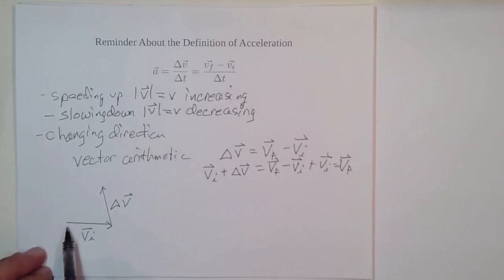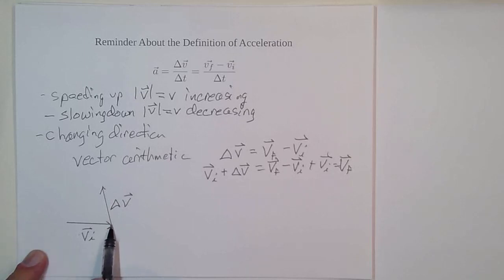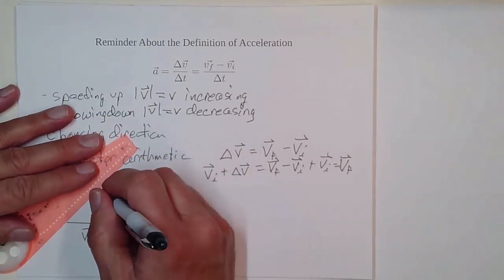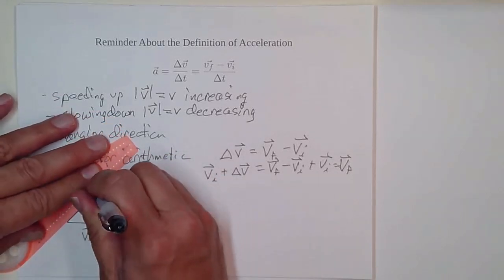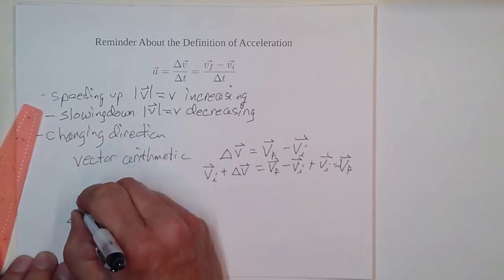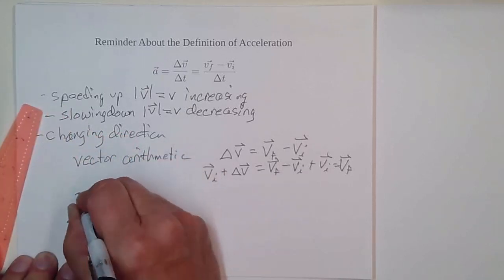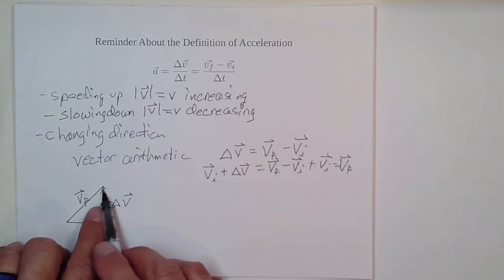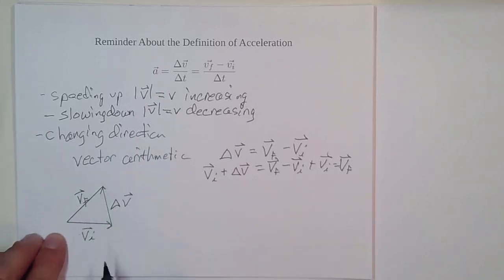We started at the beginning of the first one, went to its head end, and that's where we started drawing the second vector. And when we draw from the beginning of the first to the end of the second, that's how we get the final. Okay, v initial plus delta v is equal to v final.